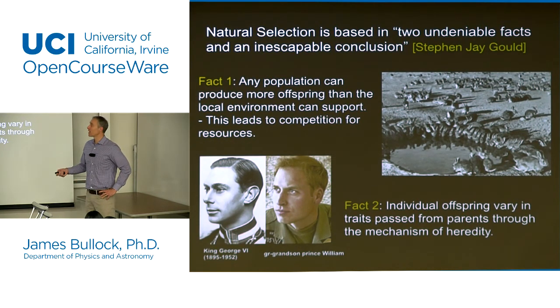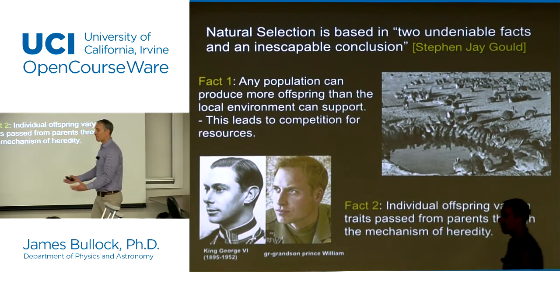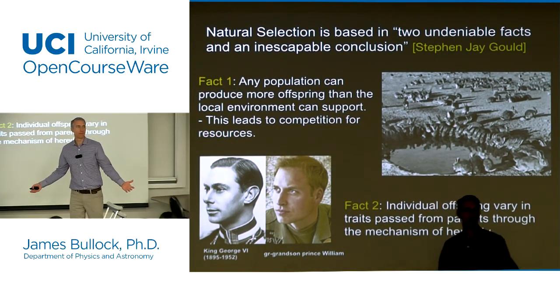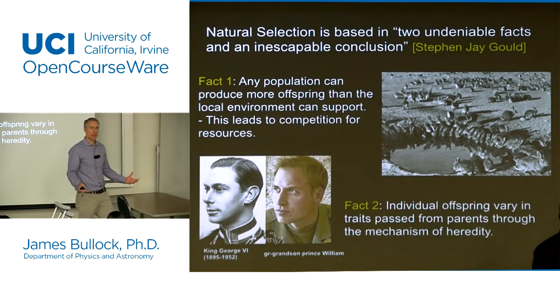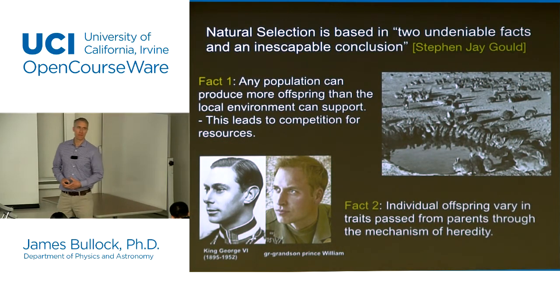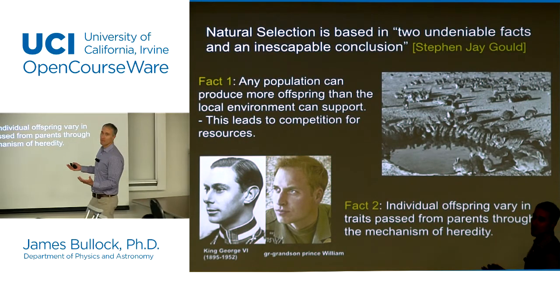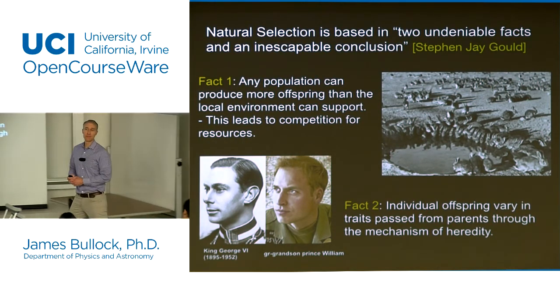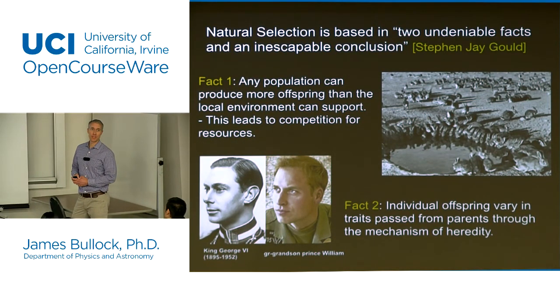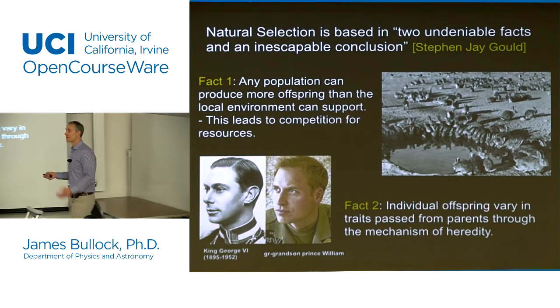And this will naturally lead to competition for resources. Not everybody's going to get water. Only a subset of the population is going to get water, and that population is going to live. The other one's not. And by live, I mean reproduce.